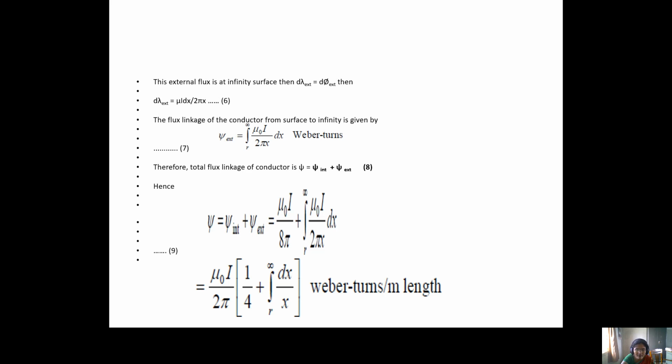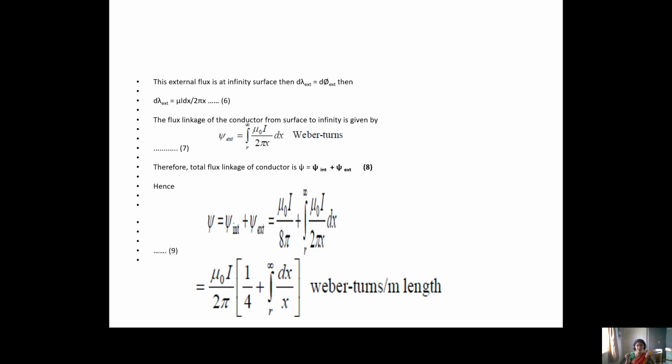From these two terms you take common μ₀I by 2π, so you write 1 by 4 plus the integral from r to infinity of dx by x. The units are Weber-turns per meter length. This is the total flux linkages of a conductor.